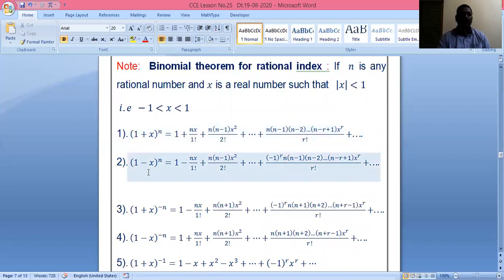Number 2, (1 minus x) to the power of n is equal to 1 minus nx by 1 factorial plus n into (n minus 1) into x square by 2 factorial plus up to so on, minus 1 to the power of r into n into (n minus 1) up to (n minus r plus 1) by r factorial into x to the power of r plus up to so on.